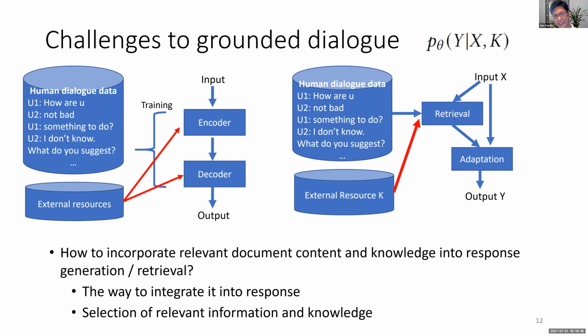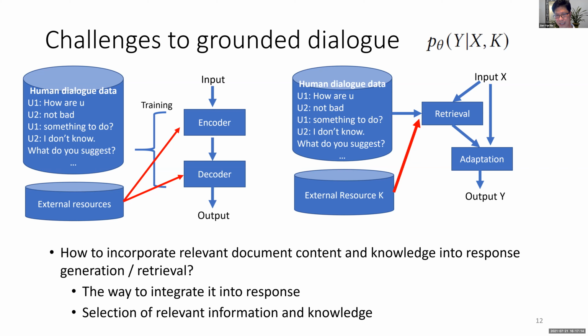Of course, when you try to integrate some external resource into the encoder-decoder process or the retrieval process, you have to figure out how to integrate that into the response. But also, I want to focus on this second problem: the selection of relevant information or relevant knowledge will be key to making good use of external resources, because very often you have quite a large external resource and only a small part is relevant to the current dialogue situation.